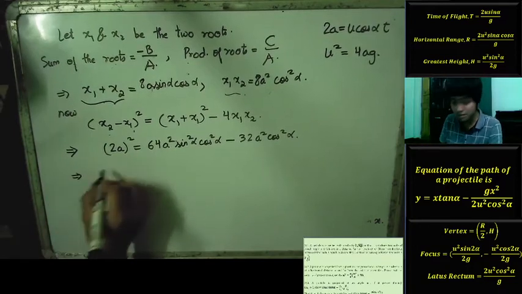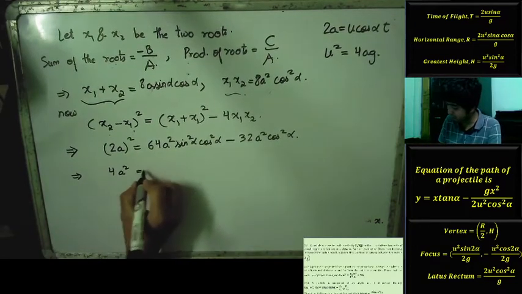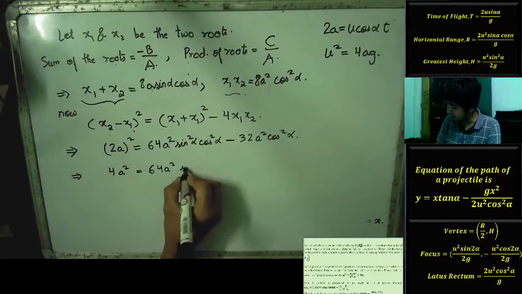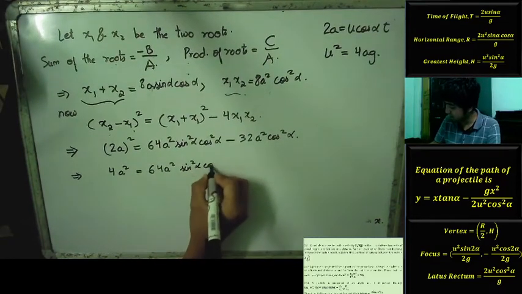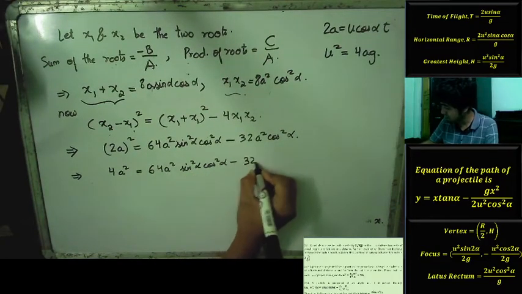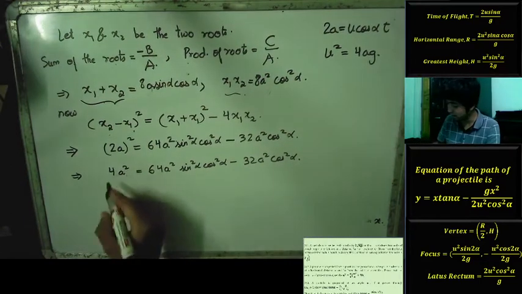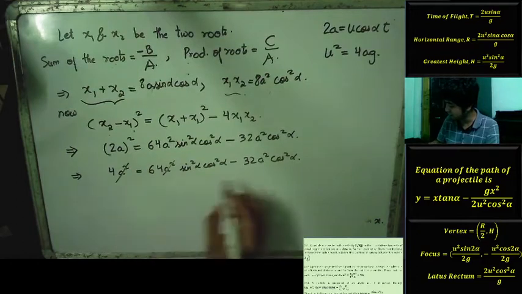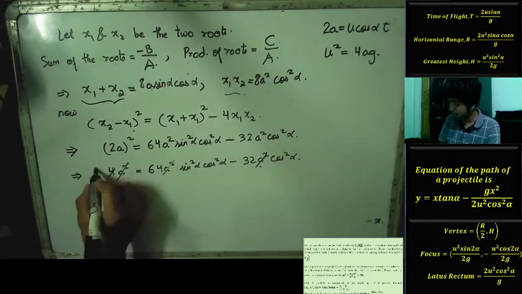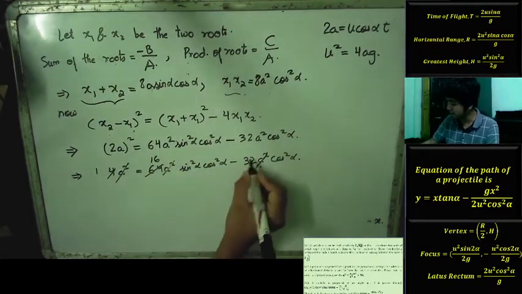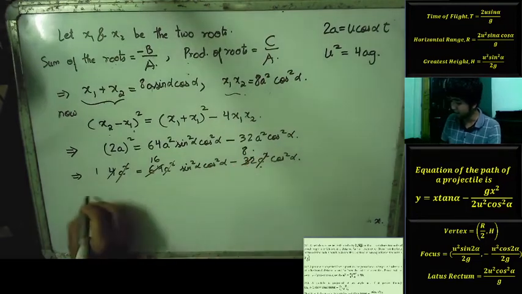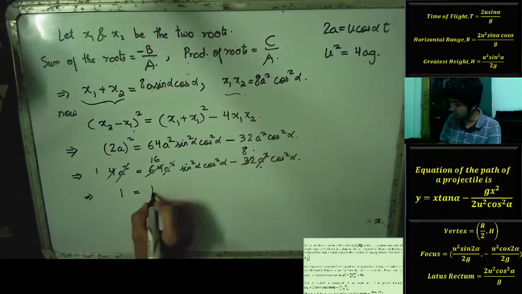Now 2a whole thing squared will be 4a squared. Okay, the same thing. Now what we will do is, we can cancel a squared, and then over here we will be having 16, and over here we will be having 8. So 1 will be equal to 16.